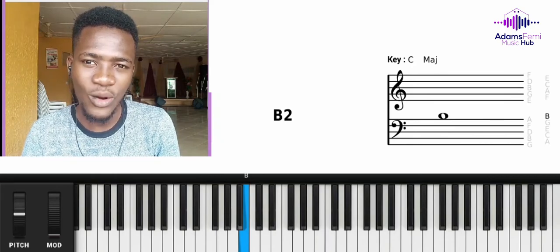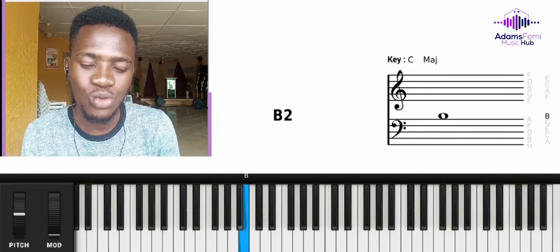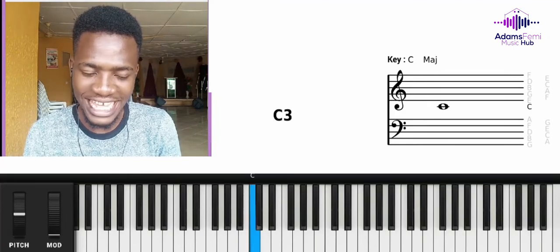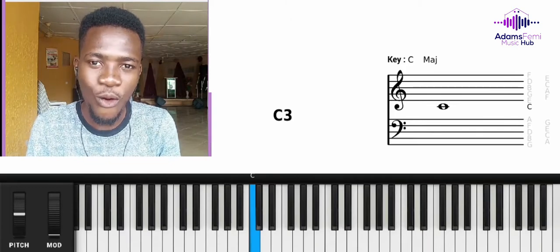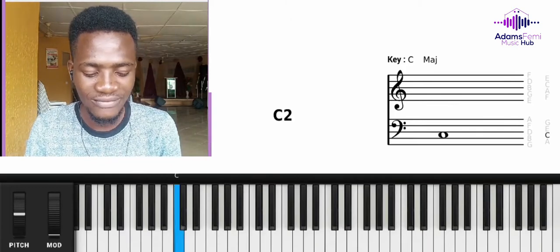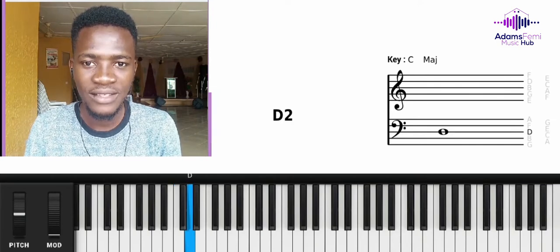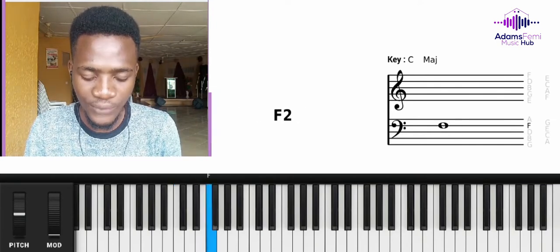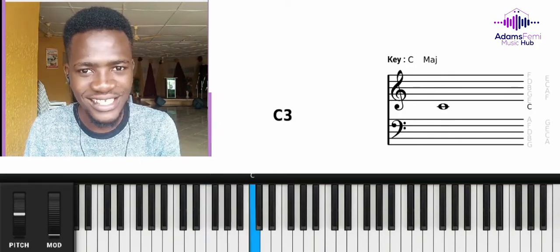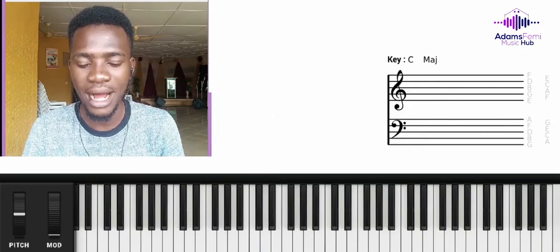From G, we went over to A. So from 7, we are going to 1 again, because every note of C is 1 in this case, because we are playing on the key of C. Let's do it again. 1, 2, 3, 4, 5, 6, 7, and 1. So it continues 2, 3, back to 7.